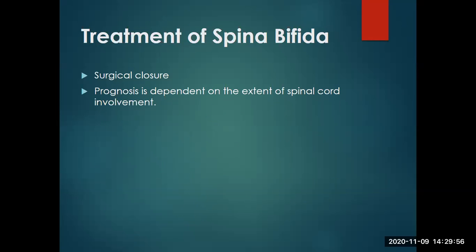It's in your book. So you have those two types of spina bifida. One of them has the actual spinal cord and the meninges protruding out. So the more serious is the meningeal myelocele, because you have both.